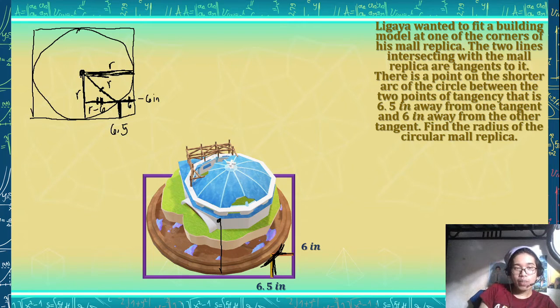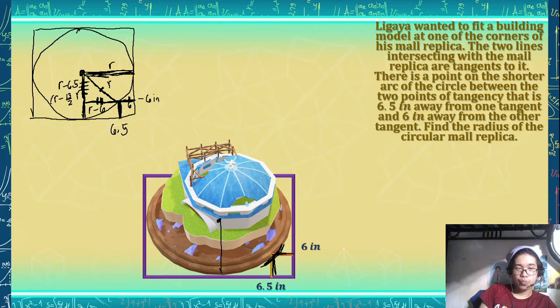Then we have another line segment, that's also r, but this one is 6.5 and this is r. So this third line segment is going to be r minus 6.5, or r minus 13 over 2.